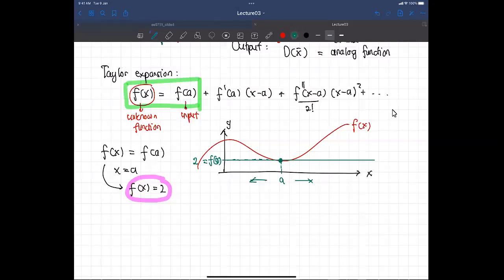So now let's take a look at the second term. The second term will include these two. So for the second term, let's see what happened there. f(x) equals f(a) plus the derivative of f at a, multiplied by (x minus a).